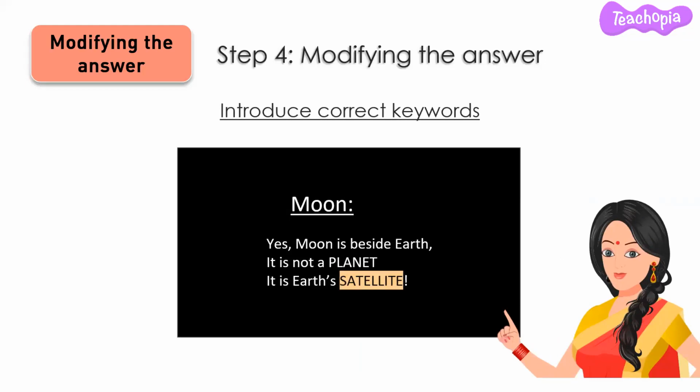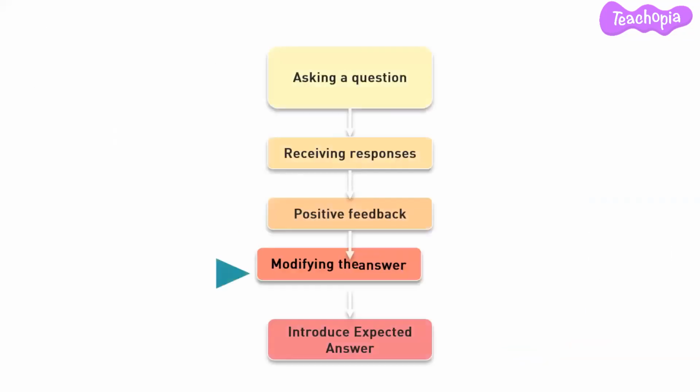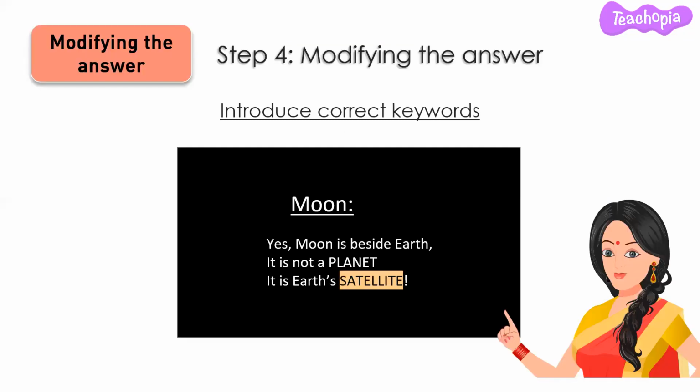Now, the children might have used some keywords. If a child has given you a correct answer or a partially correct answer, they might have used some keywords that you can pick up and write on the board. For example, some of the children might have said the moon is beside the earth, or that the moon is not a planet, and so on.